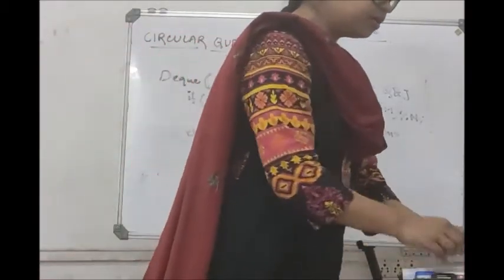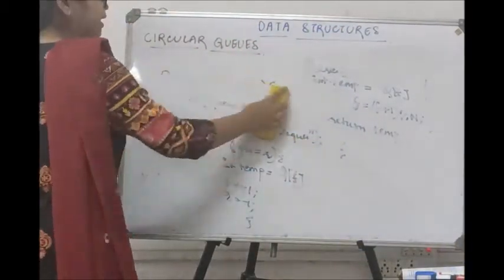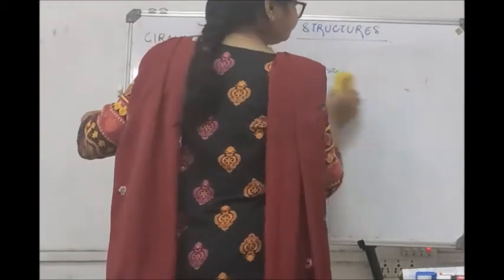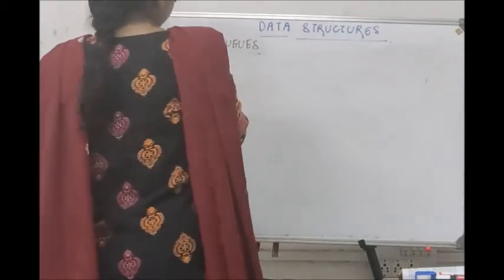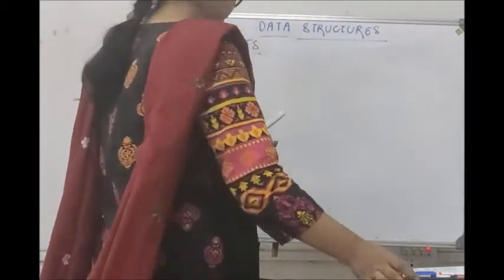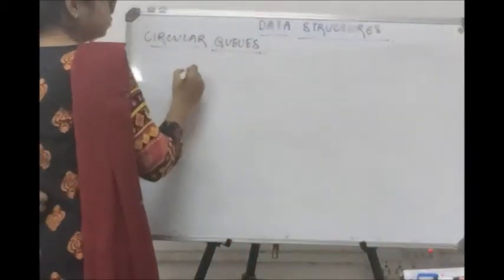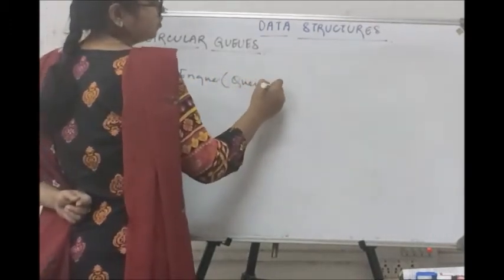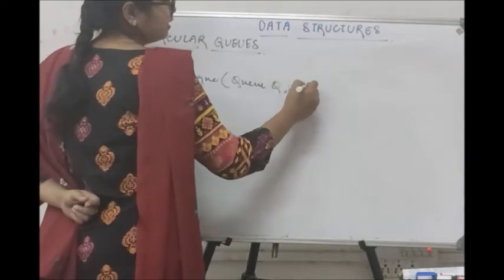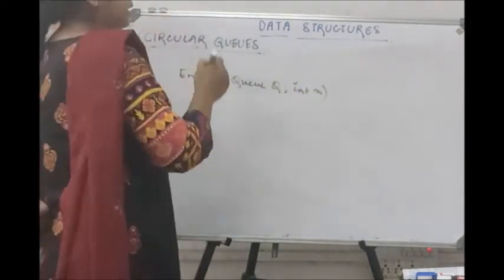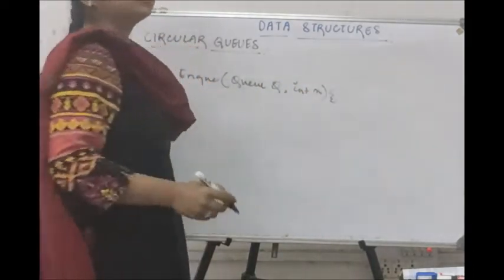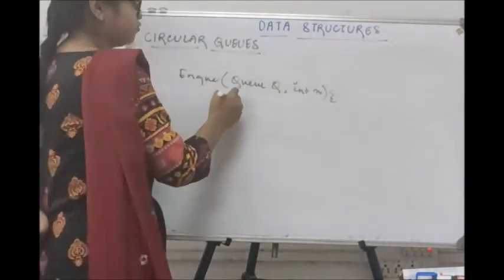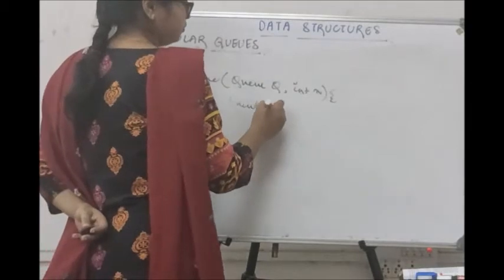Now you will understand how to add an element in a queue. How to enqueue? For enqueuing, suppose you want to add an element X, first we have to check whether the queue is already full or not. If it is already full, we cannot add, so we have to check queue full.